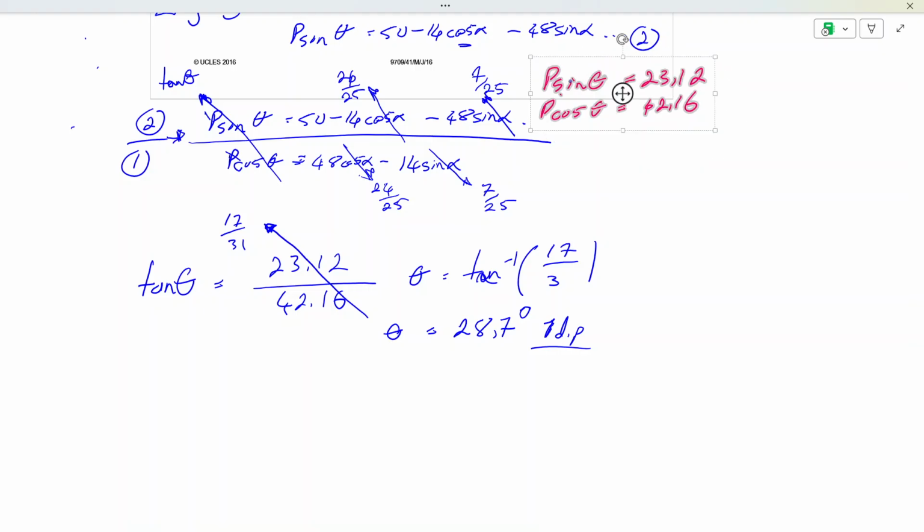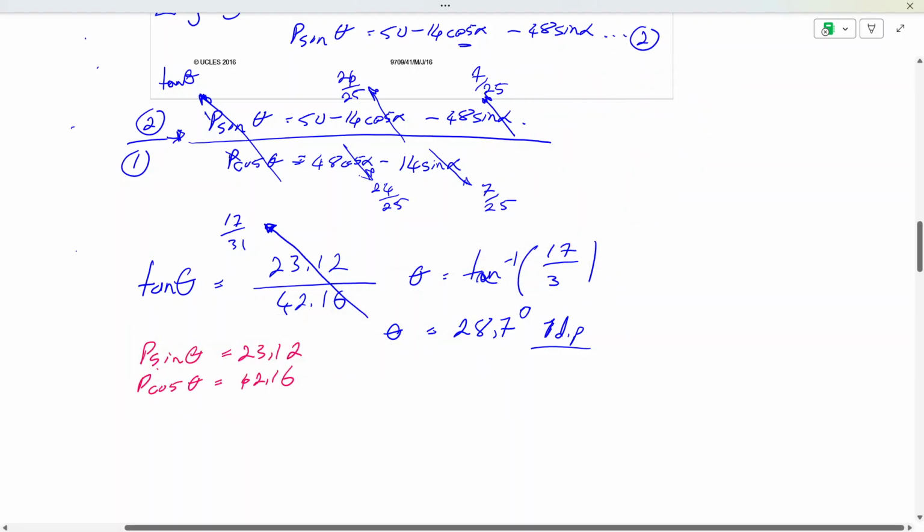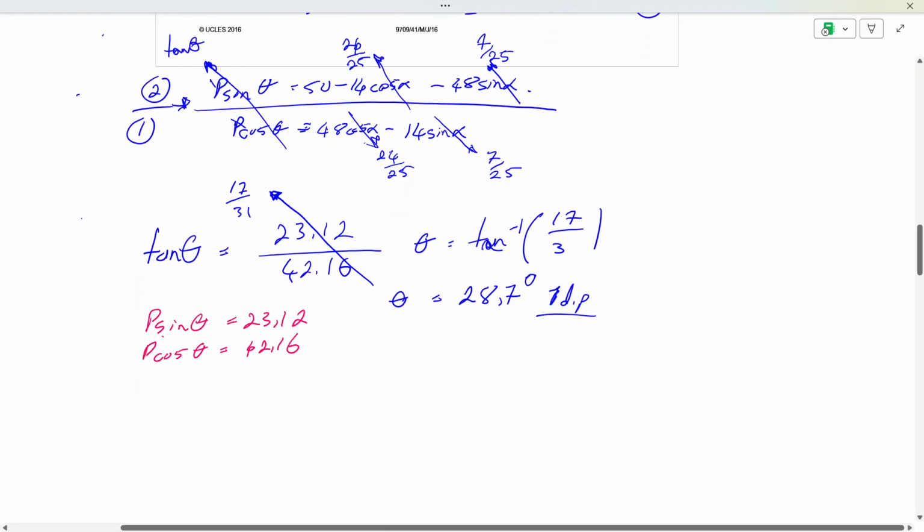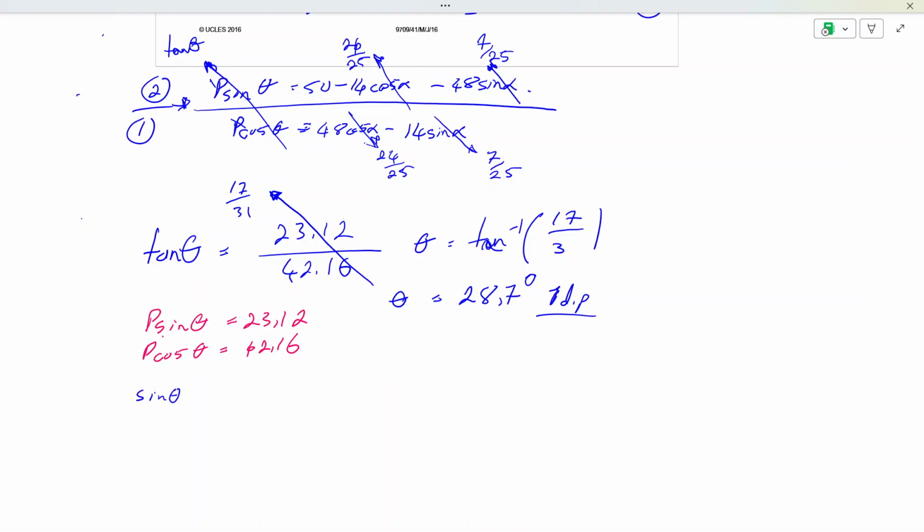these values here, right? What I could do is use trig ratios, SOHCAHTOA. So then I would say sine theta is equal to 23.12 over P, and cos theta is equal to 42.16 over P, right?